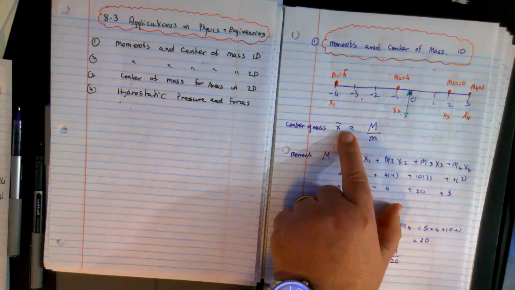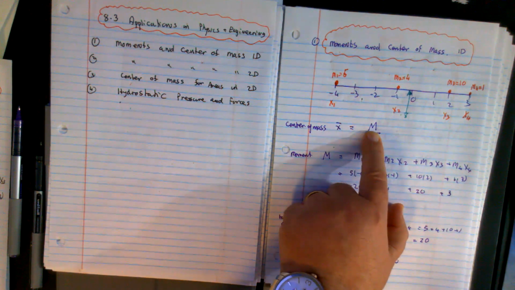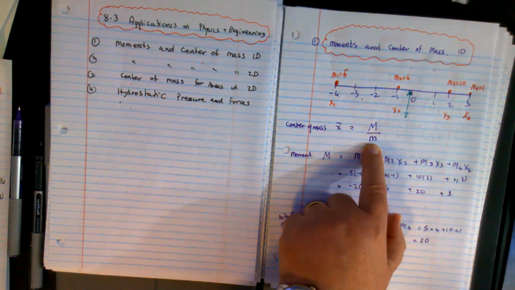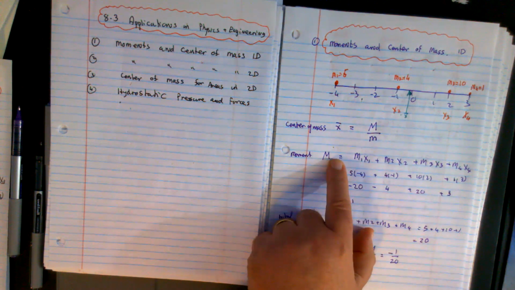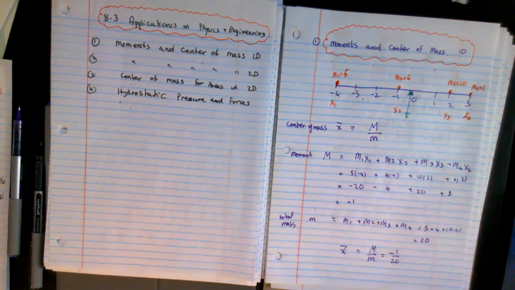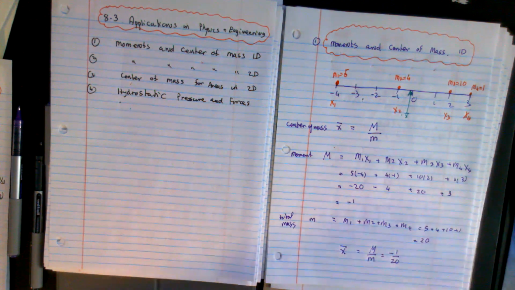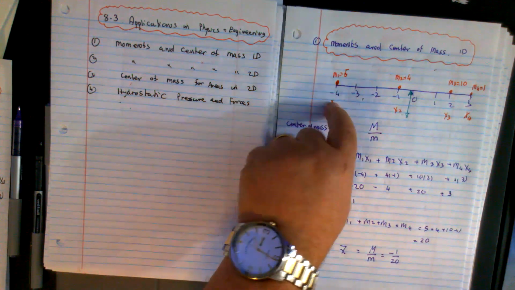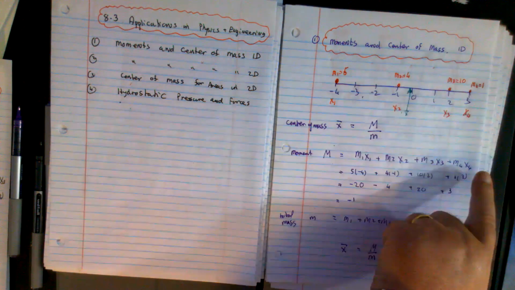Now, to get the centre of mass called x bar, it's a relatively simple equation. You take what's called the moments, capital M, and divide it by the total mass, little m. And the moment, capital M, is essentially multiplying mass by position, in this case 4 times.